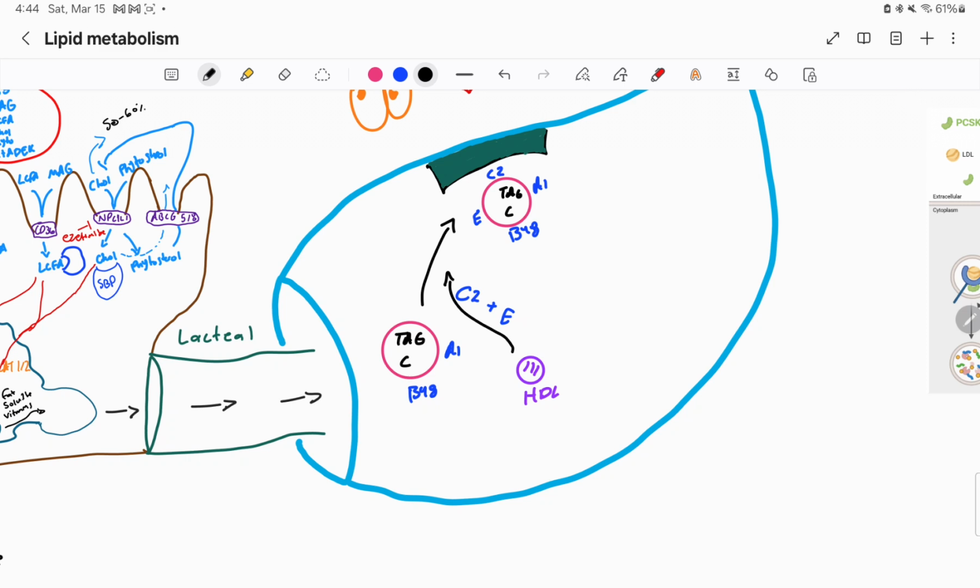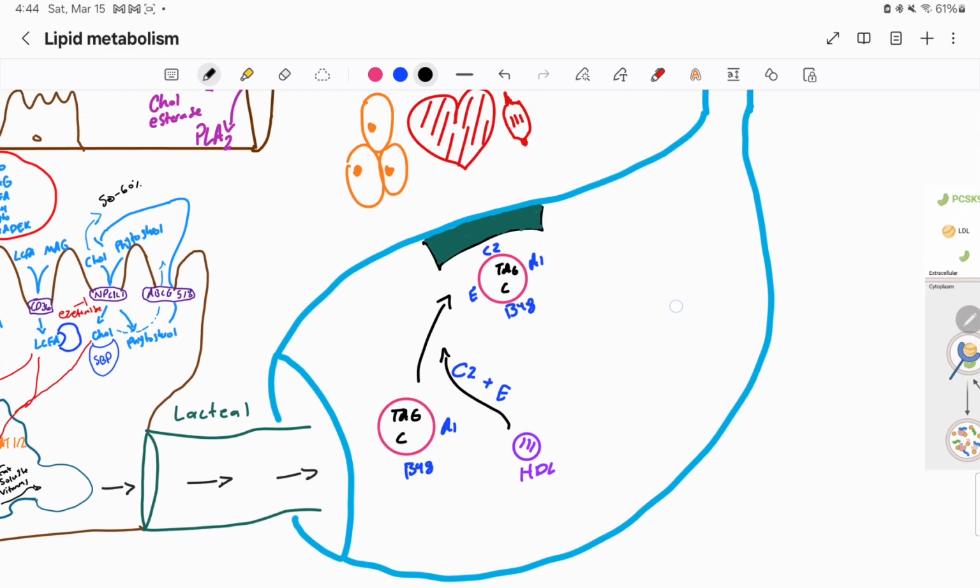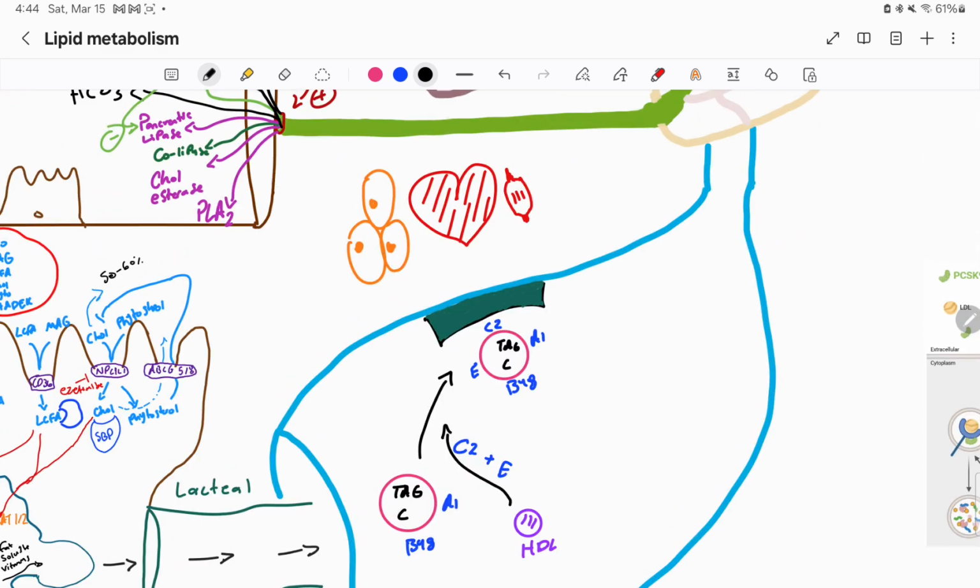Okay, so what happens now after HDL gives this chylomicron this ApoC2 and ApoE? Well, this chylomicron will continue circulating until it comes across certain tissues, such as adipose tissue, the heart, or the skeletal myocytes. In each of these tissues, the capillary beds contain a specific enzyme called lipoprotein lipase.